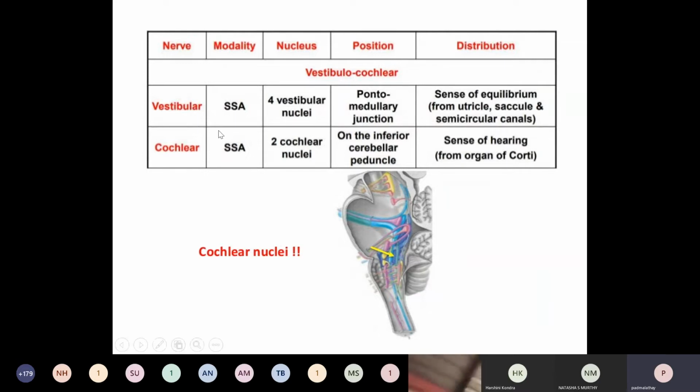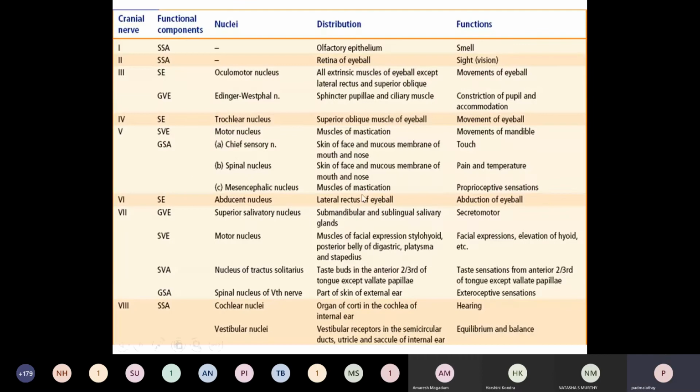This vestibulocochlear nerve carries the special somatic afferent fibers for the sensation of equilibrium and hearing. So in this chart you can see what is meant by the functional components, what the nuclei are and what they distribute. So in the pons we have seen the 6th, 7th and 8th cranial nerves.